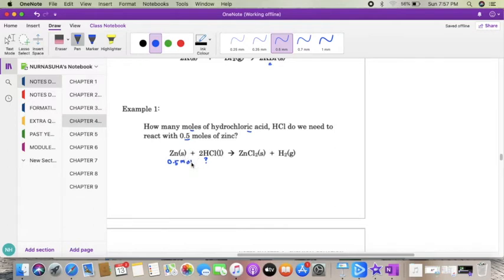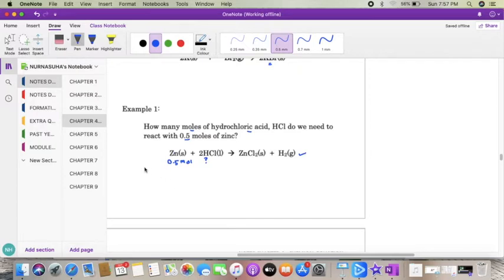Okay, keluarkan information yang dia bagi. First thing you need to do is check your equation, balanced or not. In this case, by using inspection method, zinc balance, Cl, there are 2 Cl, so 2 Cl, settle, 2H and 2H. So, the equation is balanced.